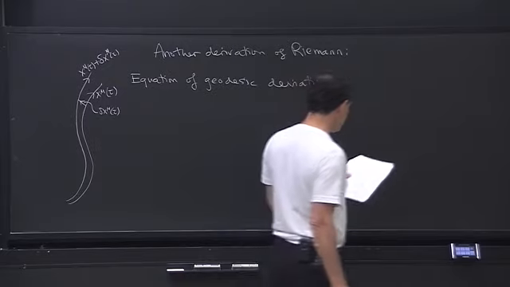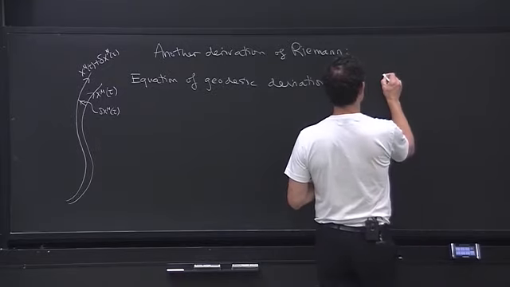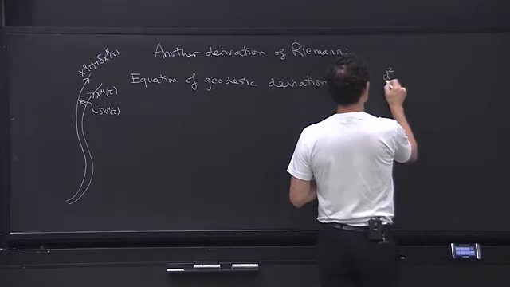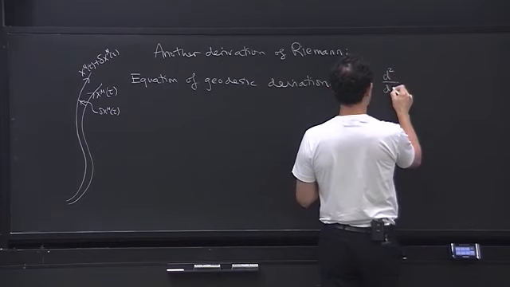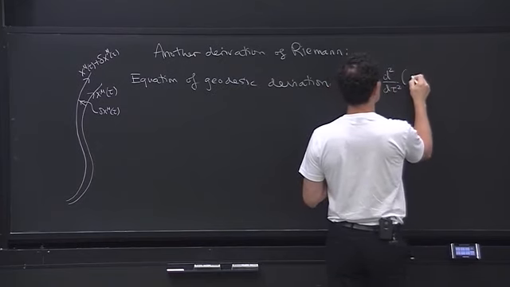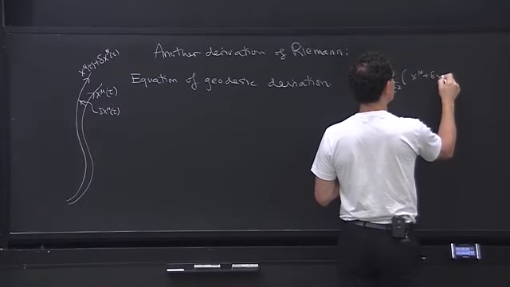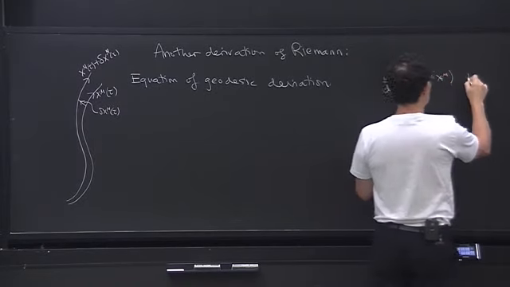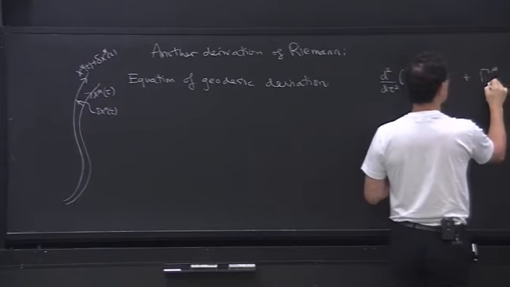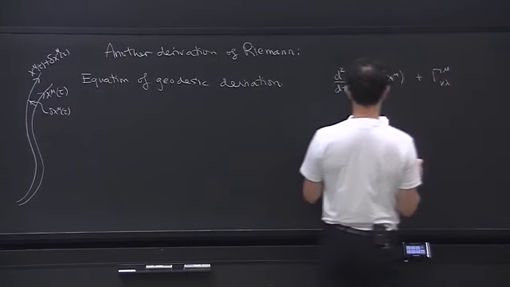So the equation of geodesic deviation. Now, what is this equation? Well, the displaced trajectory obeys this equation, x mu plus delta x mu plus gamma mu nu lambda.